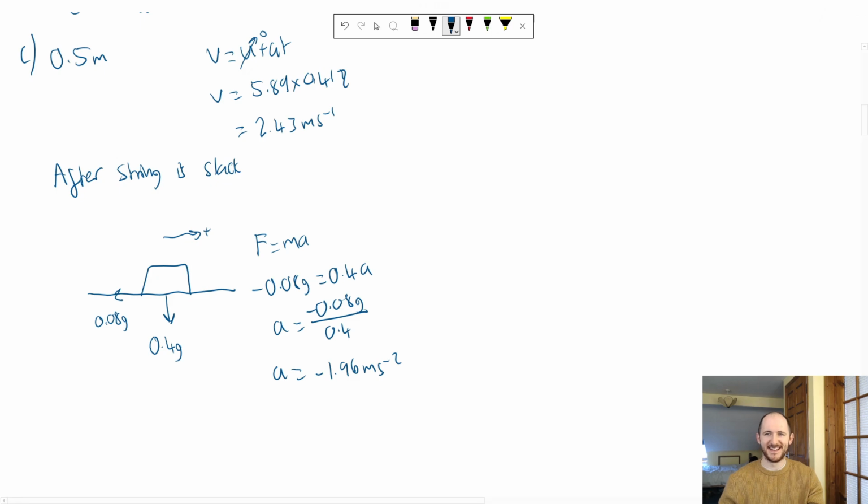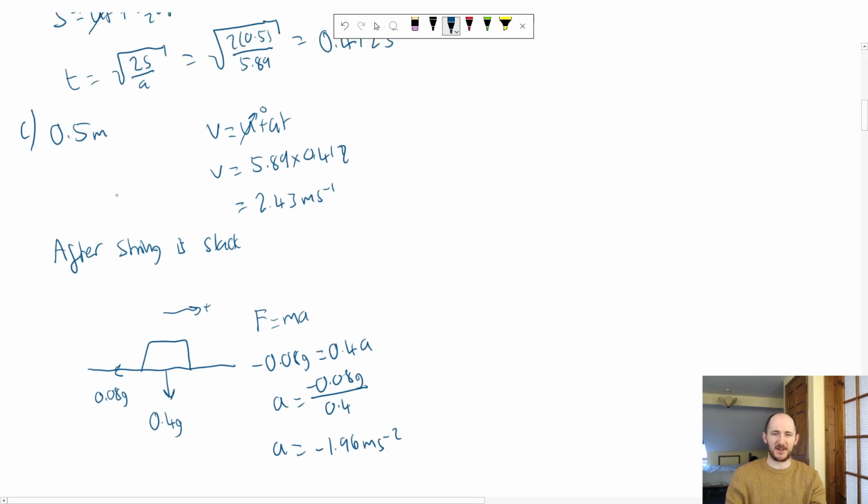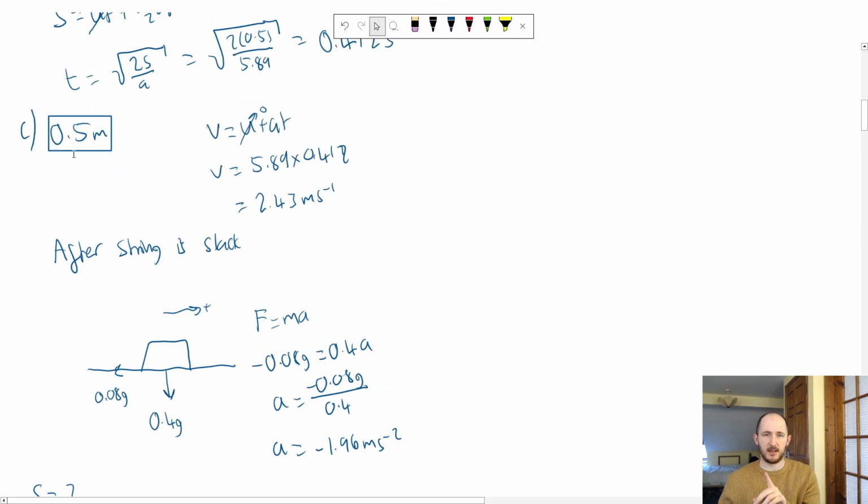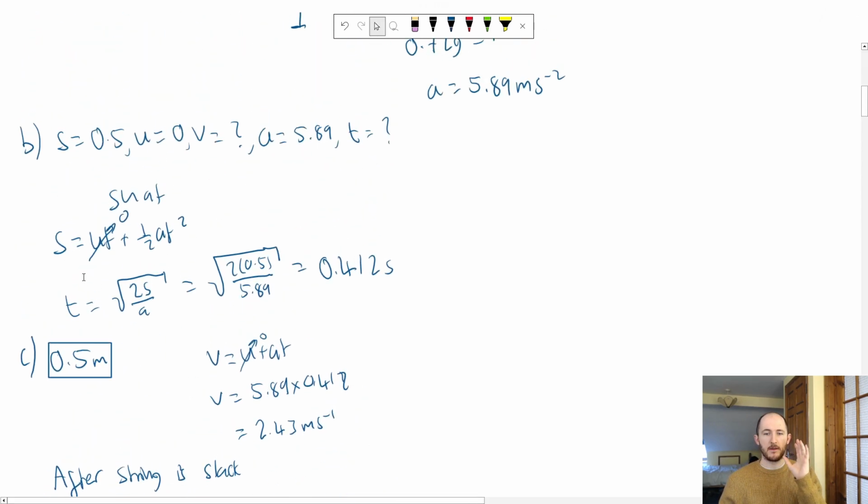Okay. I know this is a lot. So again, the box has already travelled half a metre, and in that time has accelerated to 2.43 meters per second. It's now slowing down because the string is slack, there's no forward force. So if we set up suvat now, S is not this half a metre. This half a metre is before. Remember, and this is the key thing, when we use suvat, we're using constant acceleration.